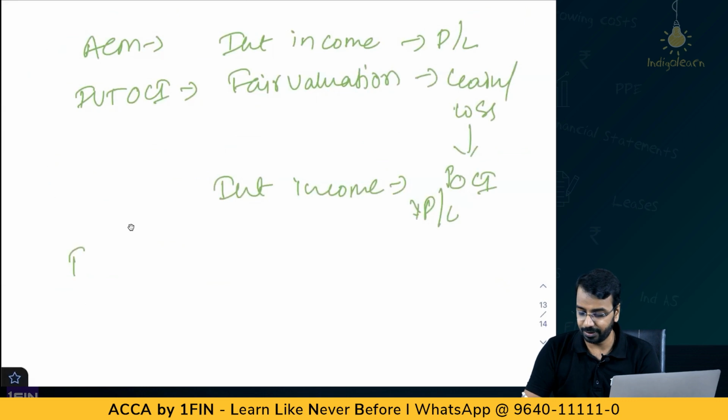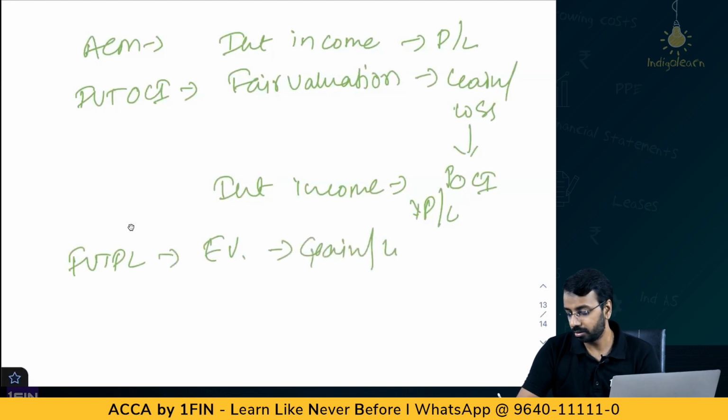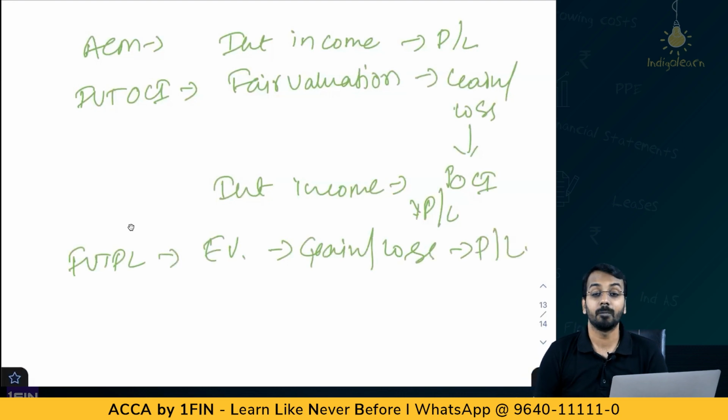FVTPL, you do fair value, gain or loss to P&L. In FVTPL, there is no interest income. And please remember, FVTPL, you generally use it for equity investments, right? So these are the three ways of subsequent measurement of financial asset.